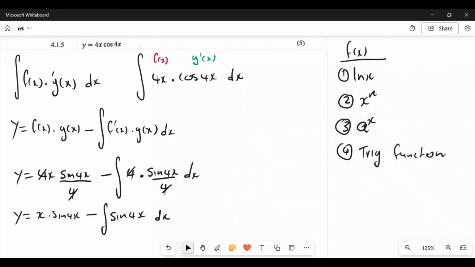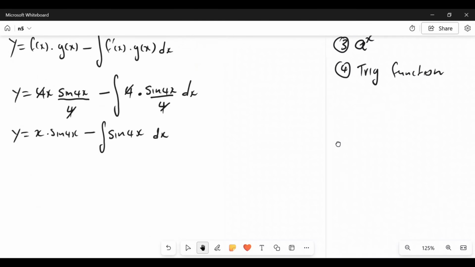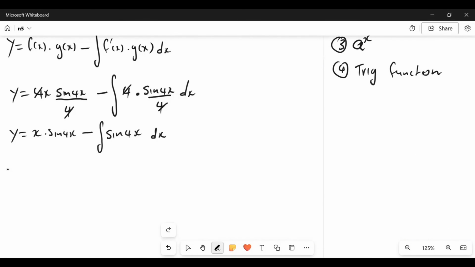So let's continue. Let me create a space here. We have to integrate the last part there. When we continue, we're going to be left with y equals x multiplied by sine 4x minus the integral of sine 4x.